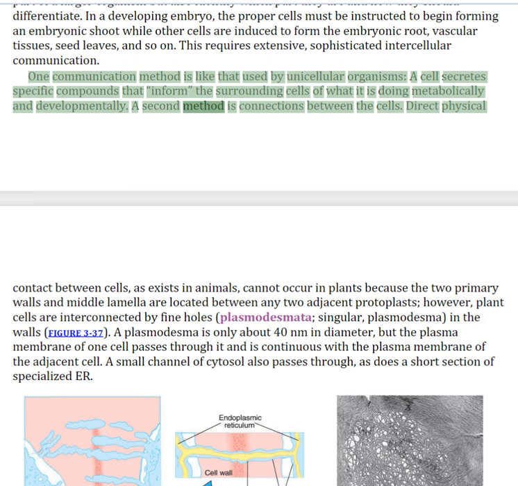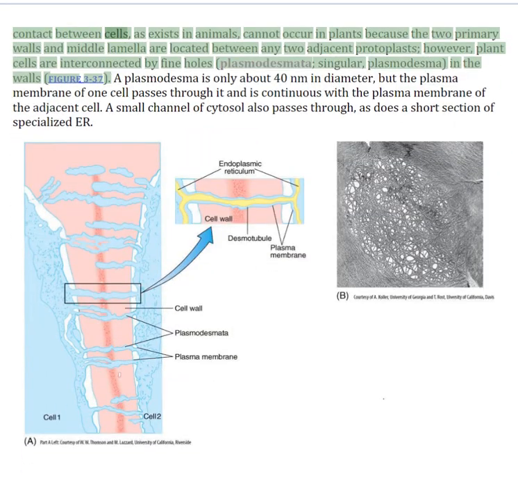A second method is connections between the cells. Direct physical contact between cells, as exists in animals, cannot occur in plants because the two primary walls and middle lamella are located between any two adjacent protoplasts. However, plant cells are interconnected by fine holes in the walls.